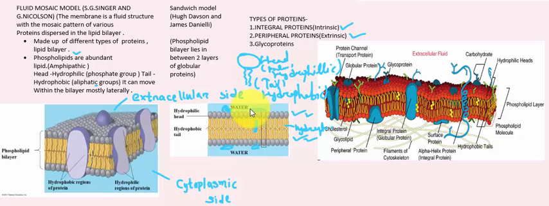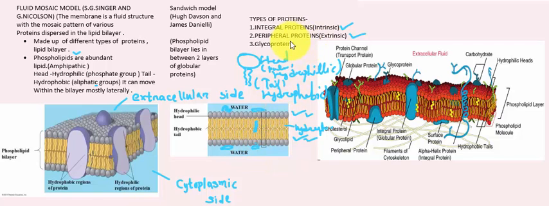The proteins which are present in this case interact with the outer surrounding, and this is the hydrophobic core, and this part is inside the cytosol. So the proteins which are present in this region interact on the cytoplasmic side. So this is the extracellular side and this is the cytoplasmic side.